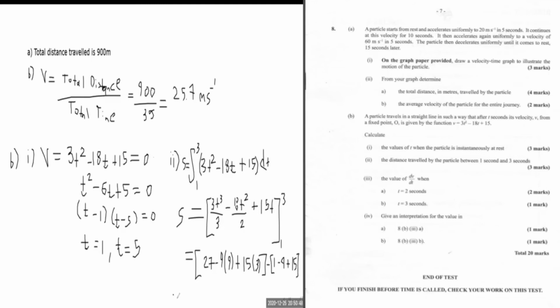So this works out to be 27 minus 9 times 9 plus 15 times 3. That's negative 9.